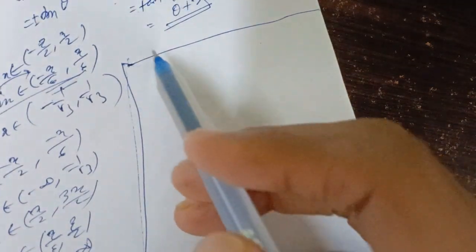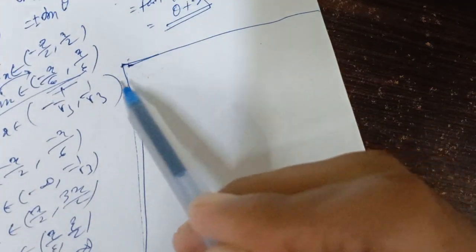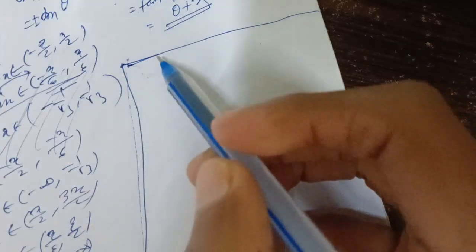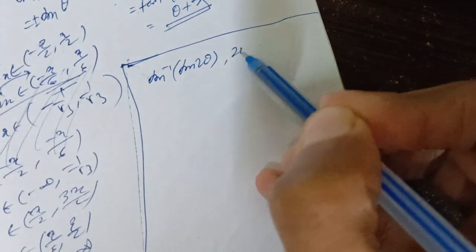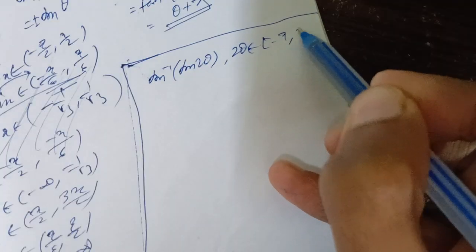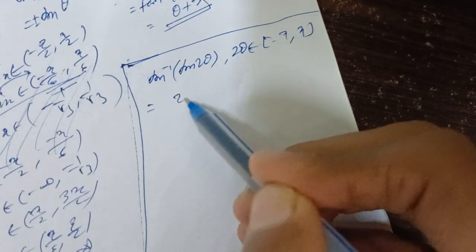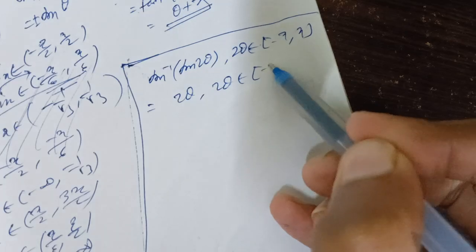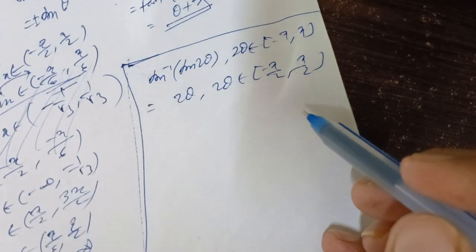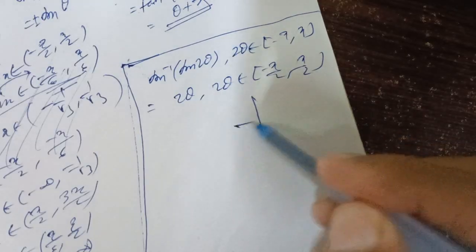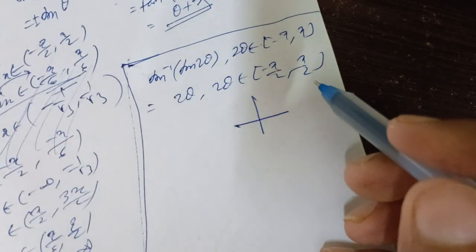This is the margin that I was talking about. So sine inverse of sine 2 theta, where 2 theta belongs in the interval -π to π. Now this is equal to 2 theta if 2 theta belongs in the principal range. Some more range, some part is remaining. Let's talk about that.